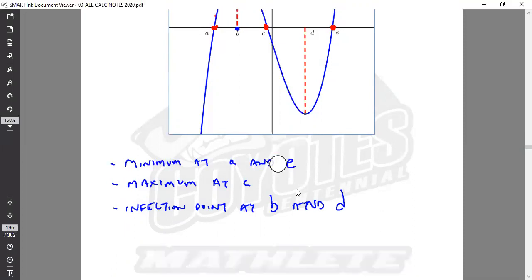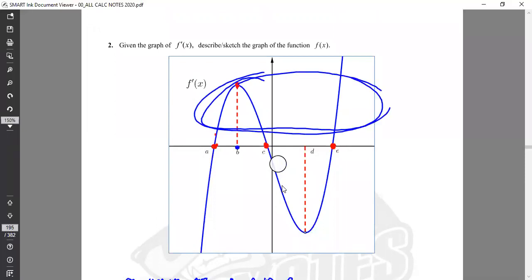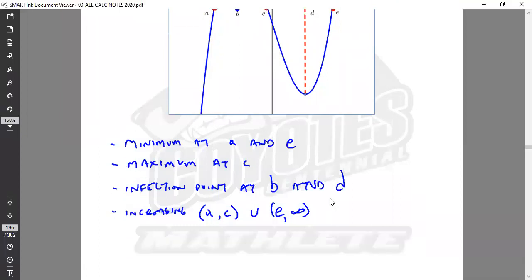So putting all of that together, it is increasing from A to C because our first derivative is positive. It's also increasing from E to infinity because our first derivative is positive. It's above, so therefore that means it's a positive slope. Where is it decreasing?